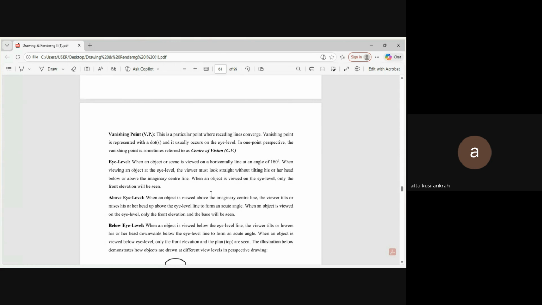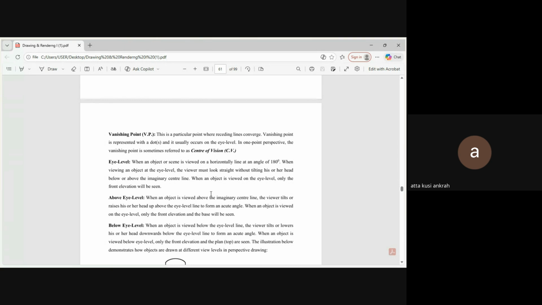Moving to the eye level. When an object or scene is viewed on a horizontal line at an angle of 180 degrees, 180, which divides the circle into two. When viewing an object on the eye level, the viewer must look straight without tilting his or her head below or above the imaginary center line.